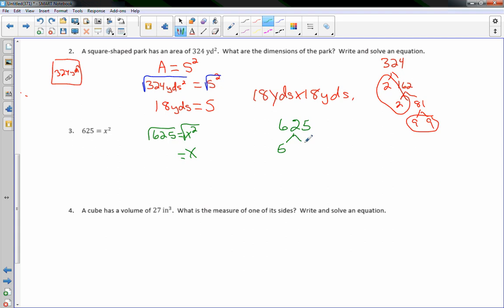Factor out 5. 5 goes into 6 once, remainder of 1. 5 times 2 is 10, remainder 2. 5 will go into 25 5 times. 5 will go into 125. 5 goes into 12 twice. 5 goes into 25 5 times. And 25 is 5 times 5. So I have a pair of 5's, and I have a pair of 5's. So that's going to equal 5 times 5. So 25 equals x.